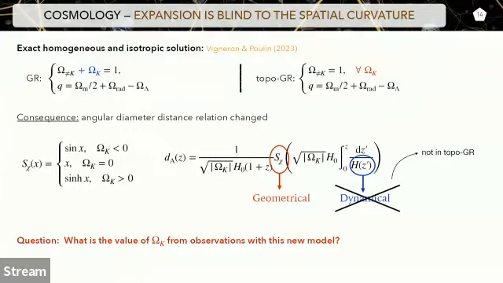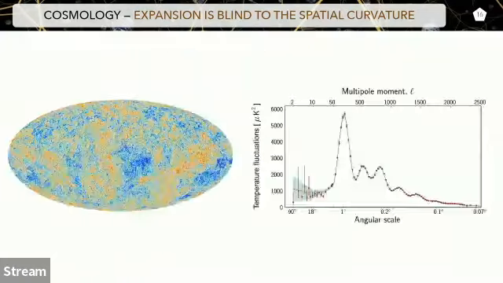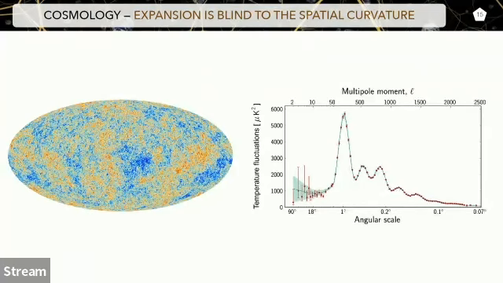For this, let's try to understand how curvature is measured. It's with the best measurement we can get, which is from the CMB map. On the left we have the CMB map, and on the right here, the power spectrum of the fluctuations. In general relativity, as I said, there are two effects, dynamical and geometrical.